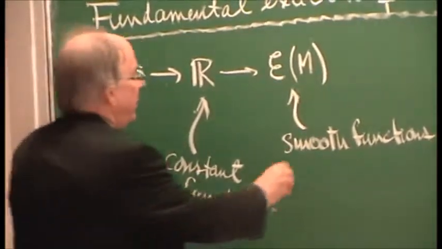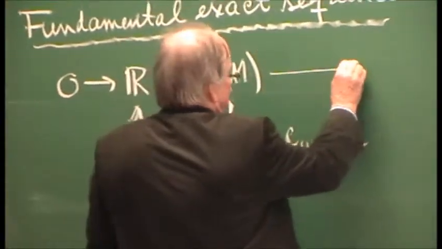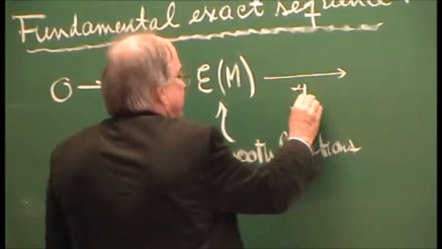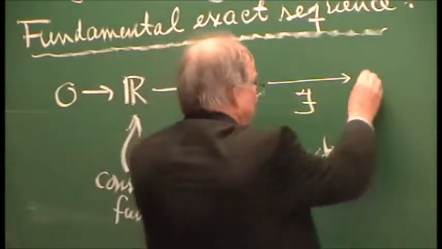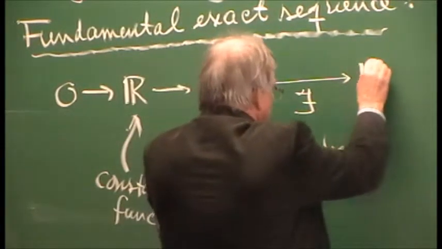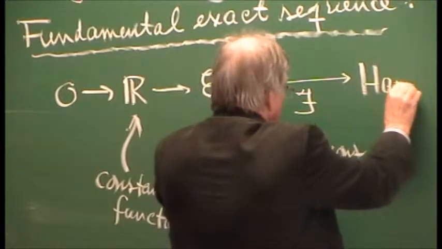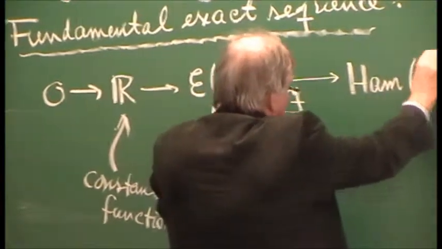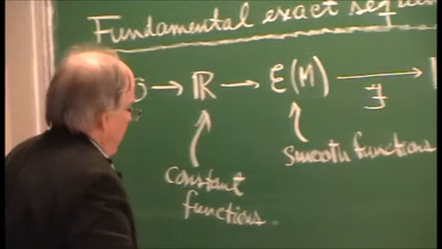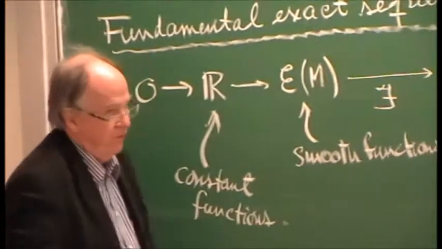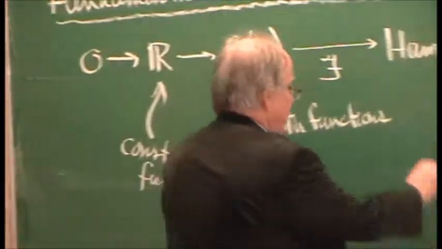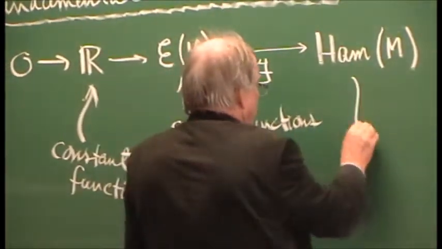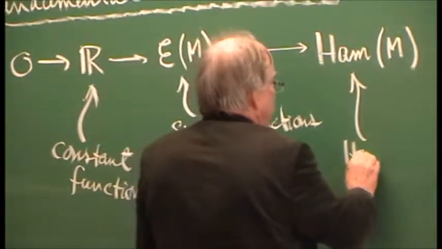And this is the basic Hamiltonian map, which I call script F, which associates a field to a function. We've already discussed this. However, I have not told you what the image is. The image will be a certain space of vector fields that is distinguished, and I'm going to call these vector fields the Hamiltonian fields.